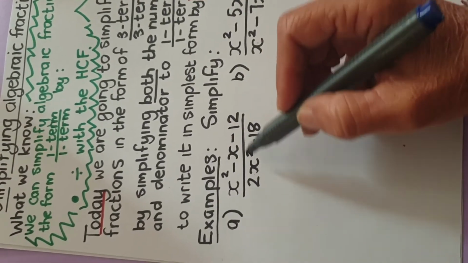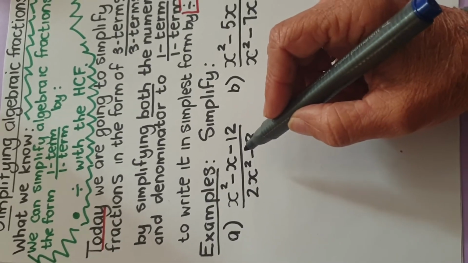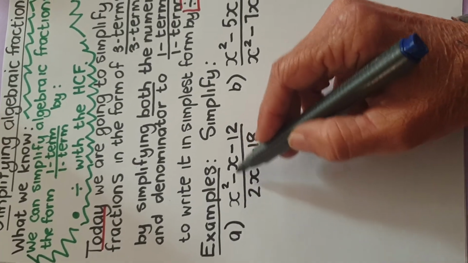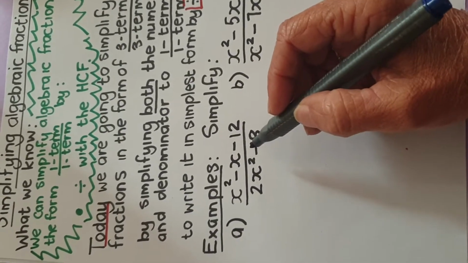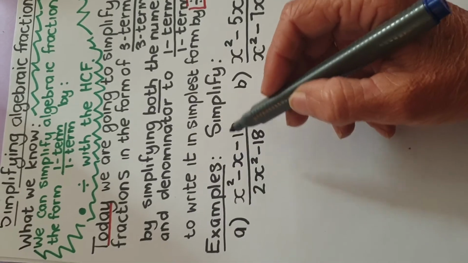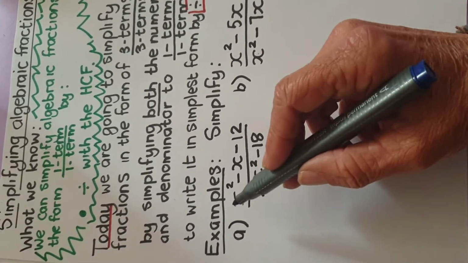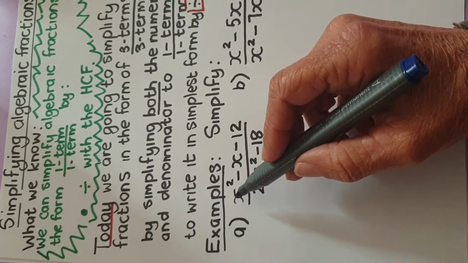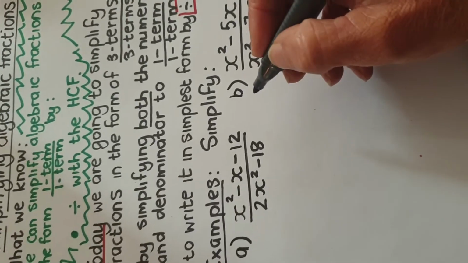And in the denominator, I have two terms. So what is my objective here? I want to reduce my numerator to one term and my denominator to one term. I cannot add the terms in the numerator because there is no like term, but it is a quadratic expression, which means I can factorize it. So let's see how we do that.